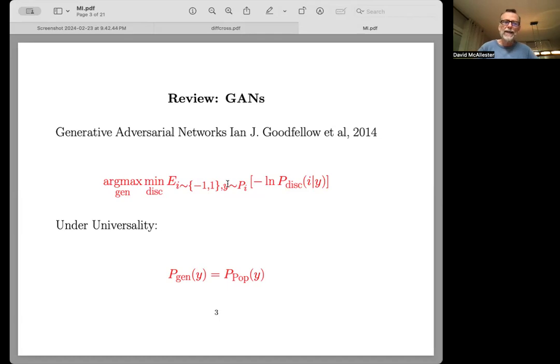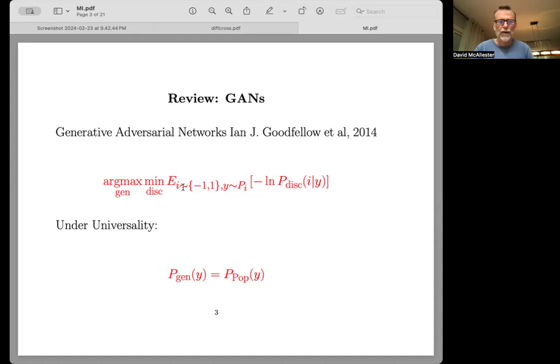And what we want is that the generative model defines the same probability distribution over images as the population. So we alternate sampling from the population with generating an image, and we ask a discriminator to tell whether the given image is coming from the population or from the generative model.